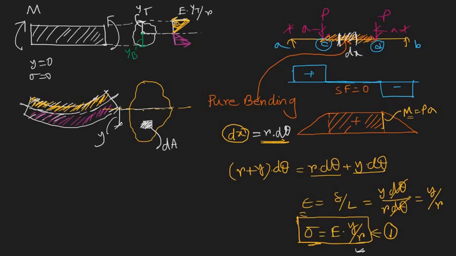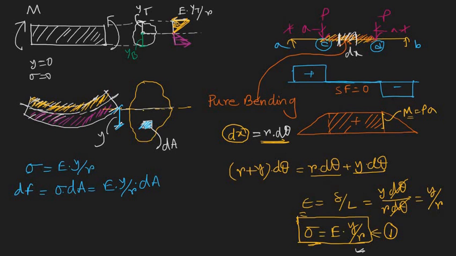The stress here is simply E times y, where y is the distance from the neutral axis, divided by R. Any problem? No. So what is the total force acting on this element? The force is stress times area, which gives E times y by R times dA. This is delta force.